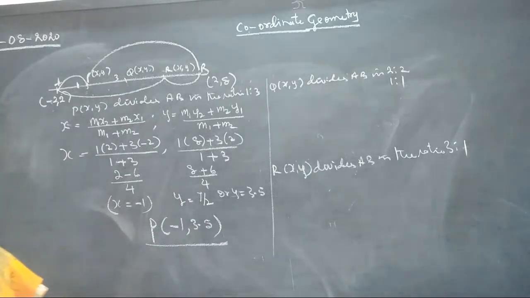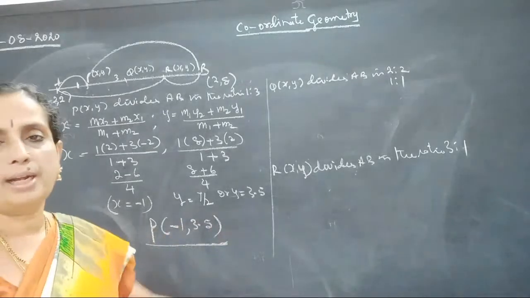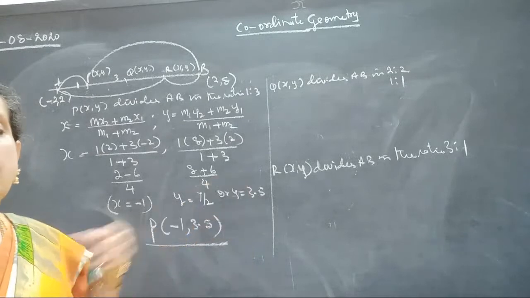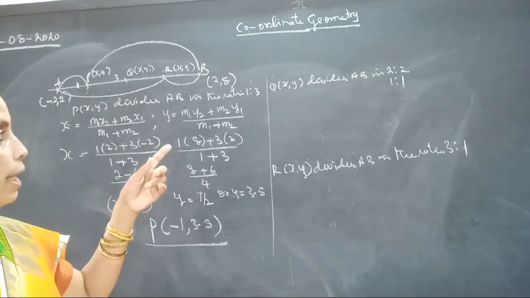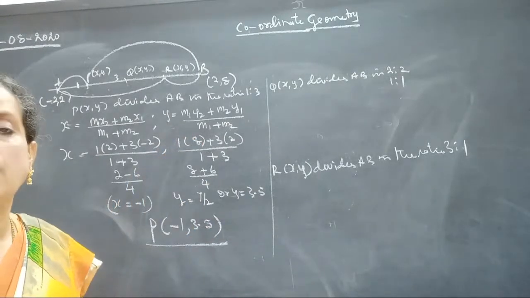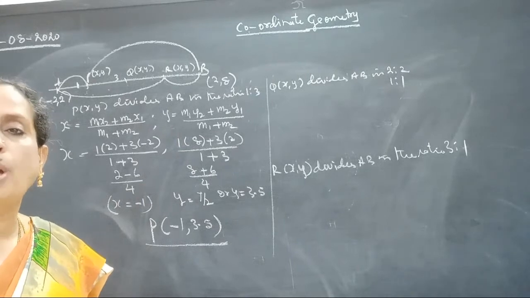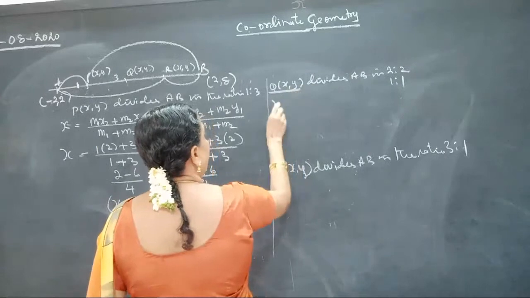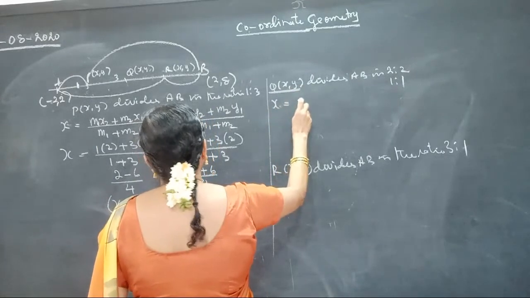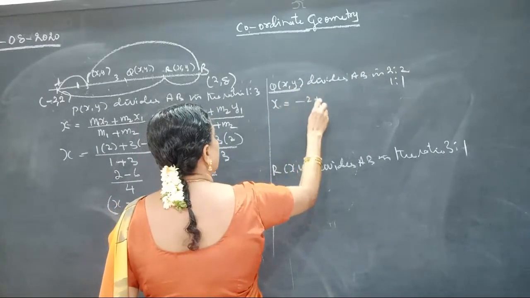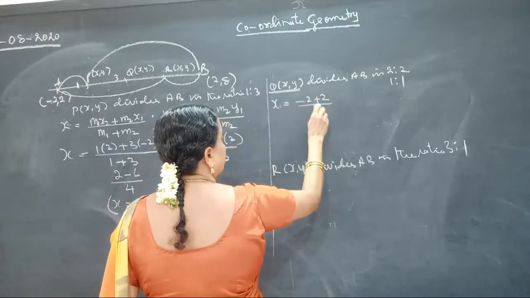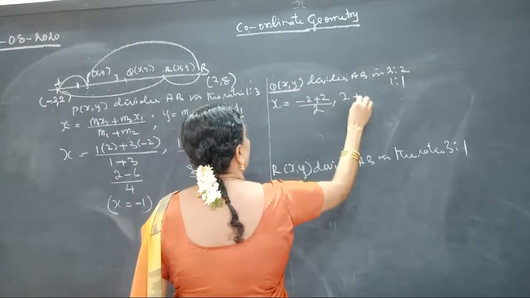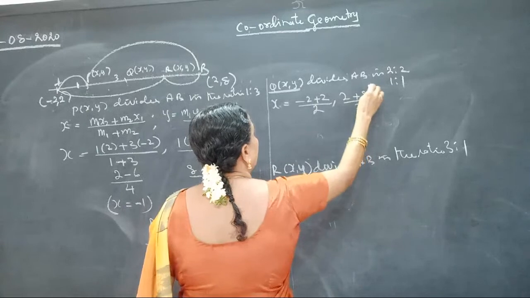You have to work it out in 3 different conditions. In the second condition, it is dividing in the ratio 1:1. So we use the midpoint formula for Q(x, y): x equals (x1 plus x2) by 2, y equals (y1 plus y2) by 2.